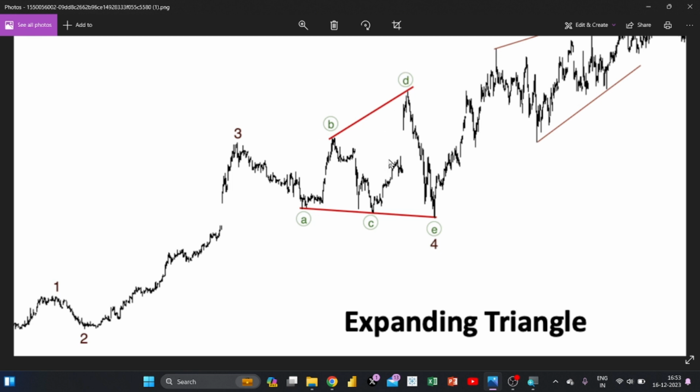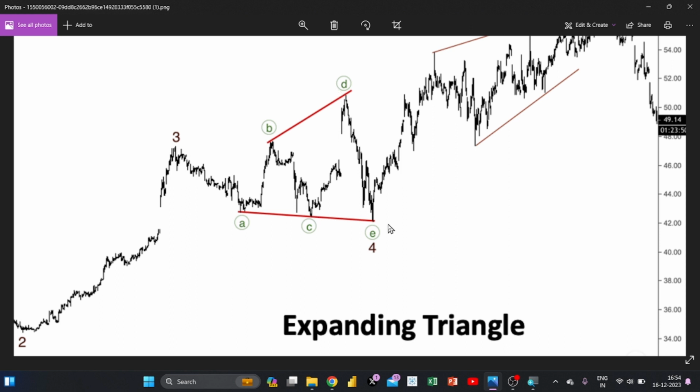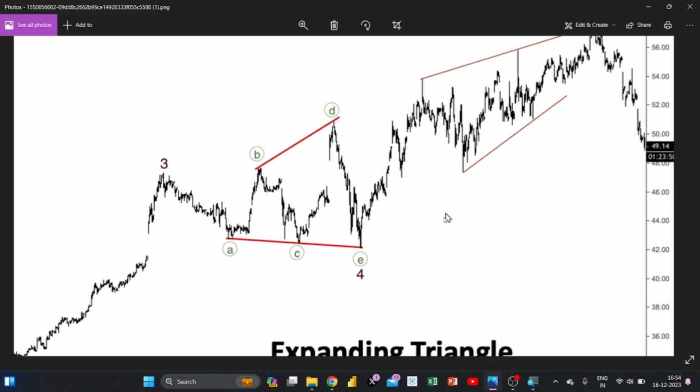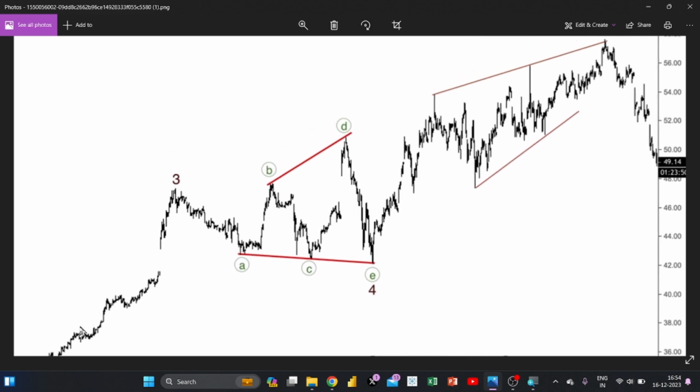This is expanding over the days going on. The price moved upward from here to here, then there is a trading range here, then it moved upward after this pattern. This is the expanding triangle.